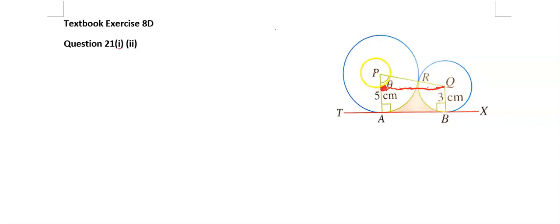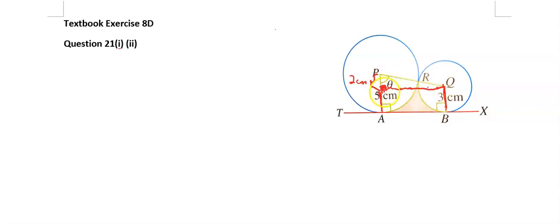The height of this triangle we can calculate: 5 minus 3 is 2 cm. Since this height QB is 3 cm, and we map it across, it will be 3 cm. So the balance on top will be the height of our triangle, 2 cm.